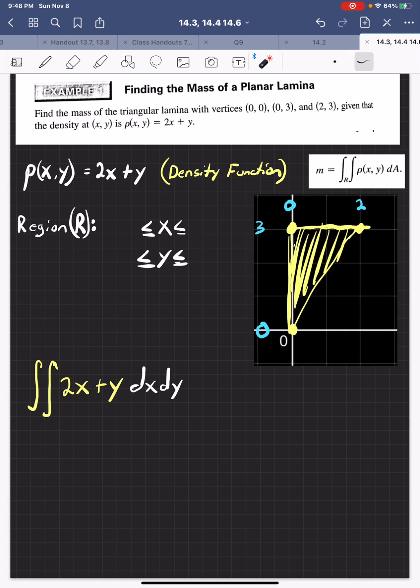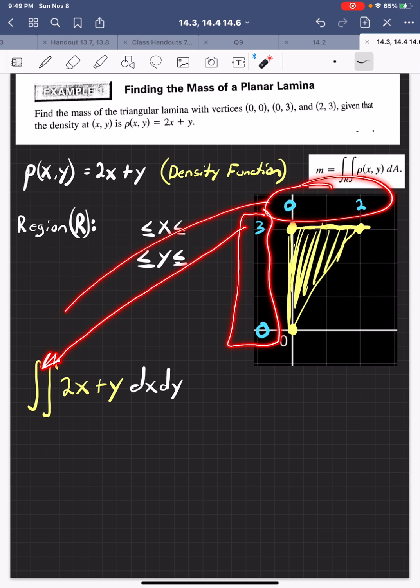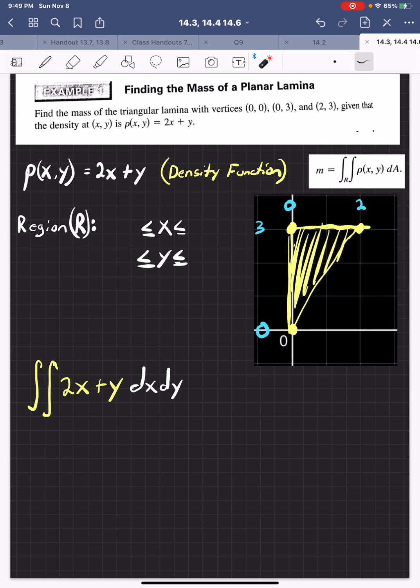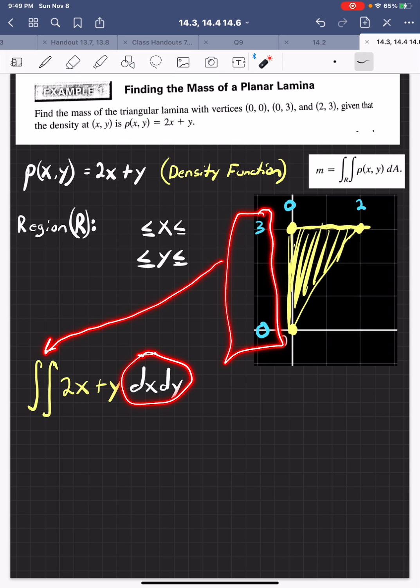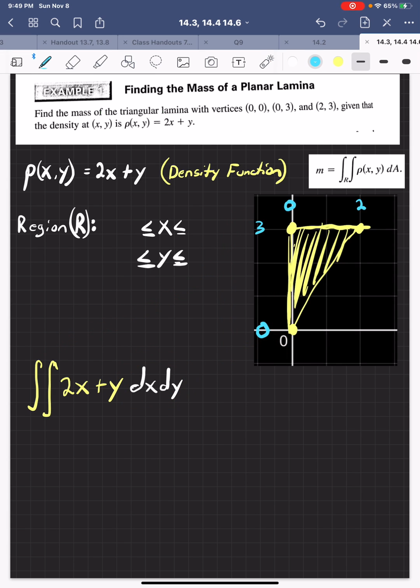Now the reason why I like to trace this out is because I know that either the 0 to 3 is going on the outer integral, or the 0 to 2 is going on the outer integral, depending on the order of integration. Since I've chosen dx dy, I'm going to be using the dy as my last round of integration, so I'm going to be going from 0 to 3 on the outer integral.